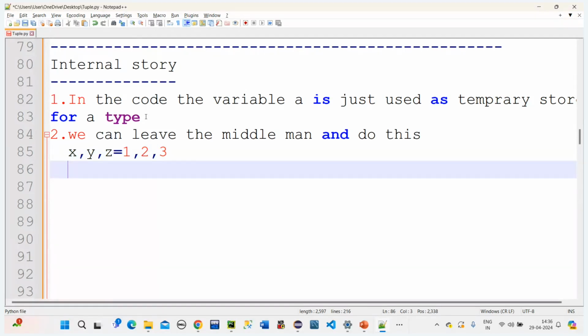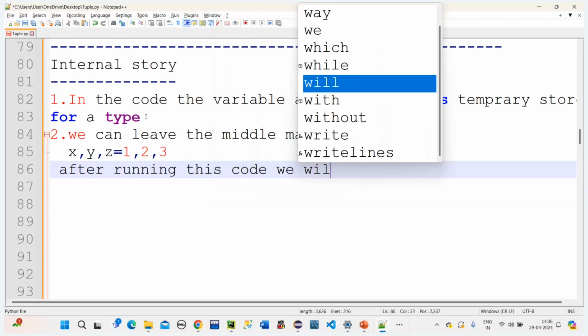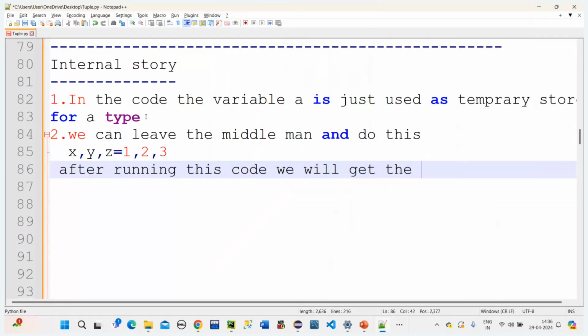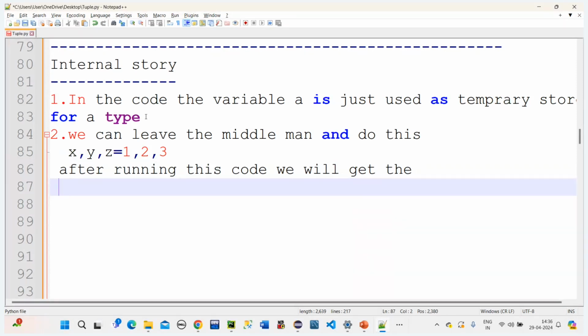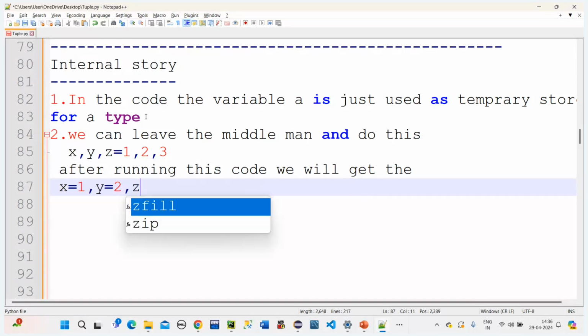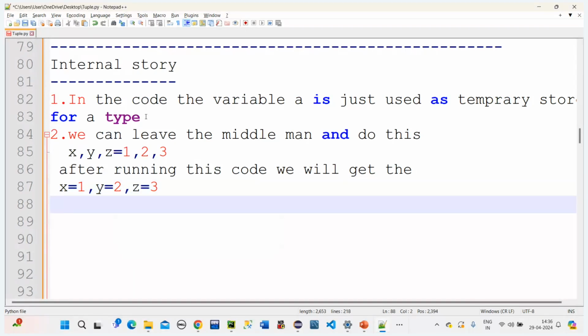After running this code also, we will get the values assigned: for X, 1; Y also 2; and Z also 3. Same thing.